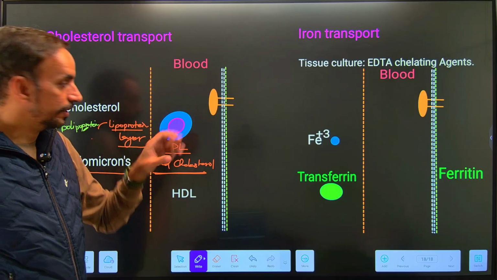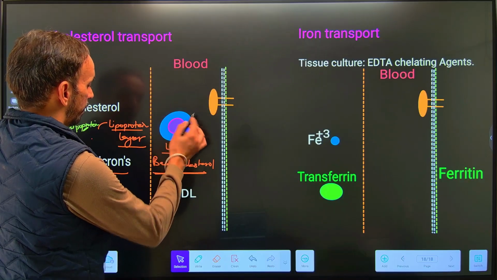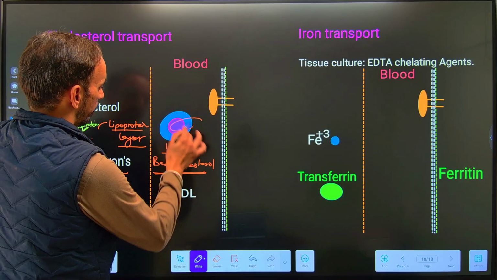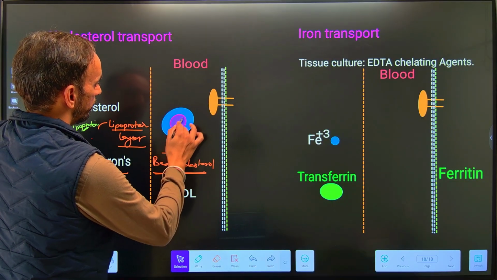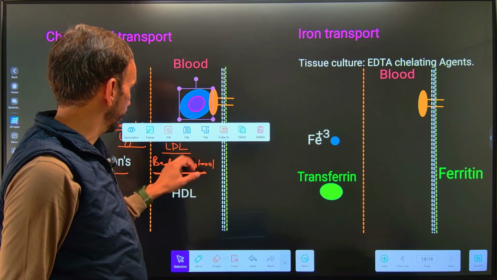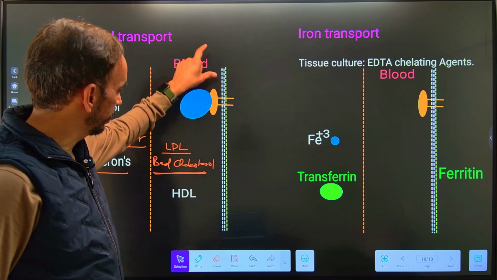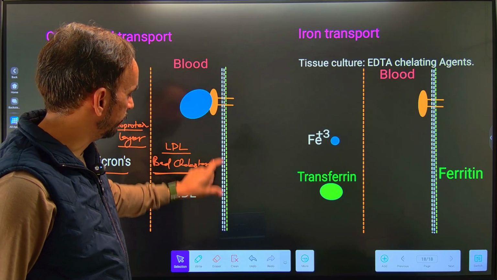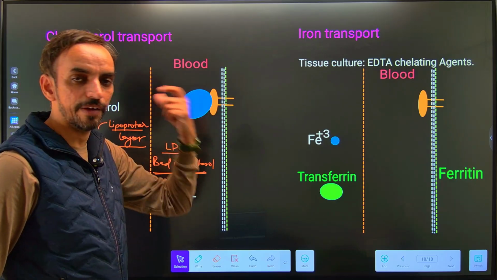These chylomicrons can be received by the cells which require cholesterol. So it will bind to the cells which require cholesterol, and we have a similar structure: a plasma membrane, clathrin, and the receptor.